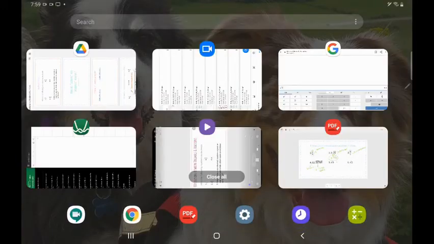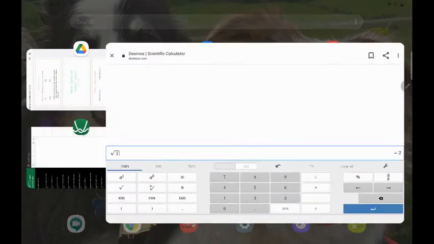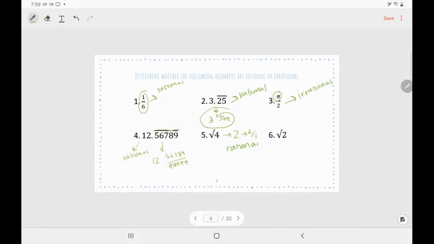That is a whole number. 2 can be written as a fraction, 2 over 1. So this is rational. Square root of 2, let's test that out. You can see it's 1.414213562, and it does not repeat and it does not terminate. So this is irrational.